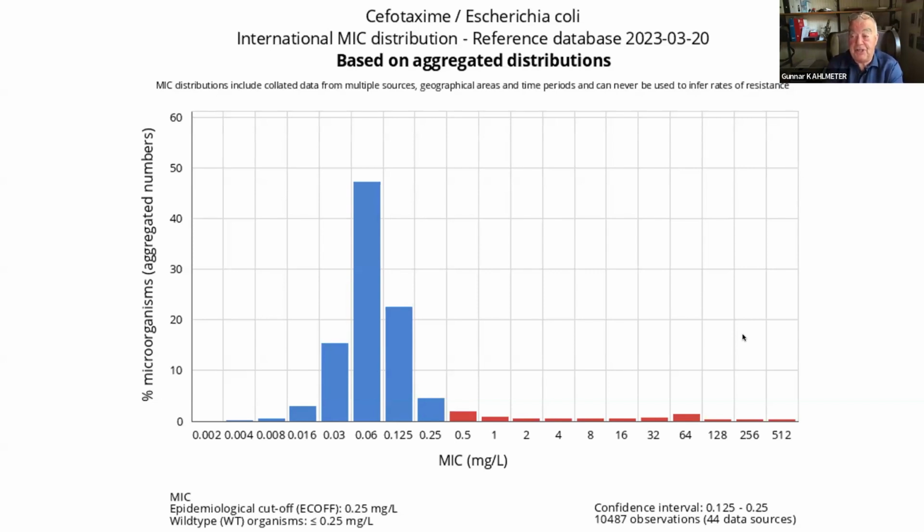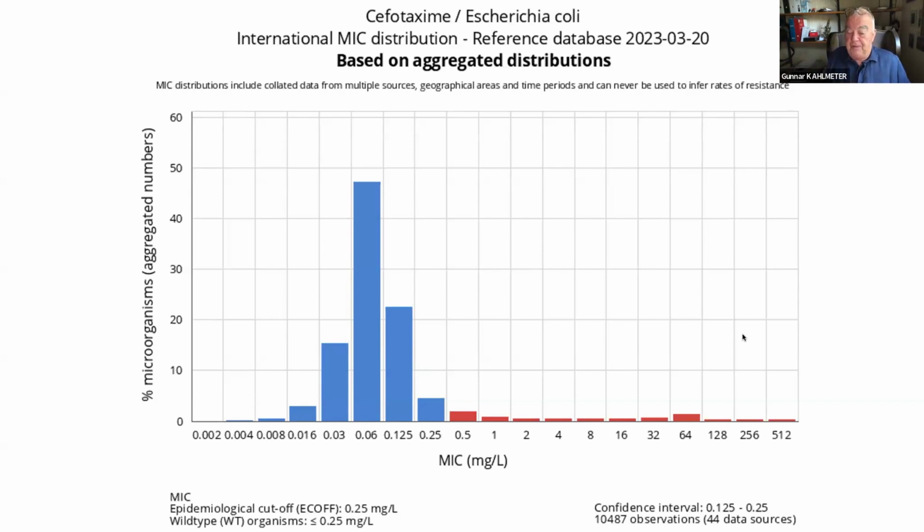But the actual position, if you like, the MIC values of the blue bars will be the same on the west coast of India as in Australia, among E. coli from seagulls in Chile, seals in the Black Sea, women with urinary tract infections all over the world, they all distribute exactly the same.